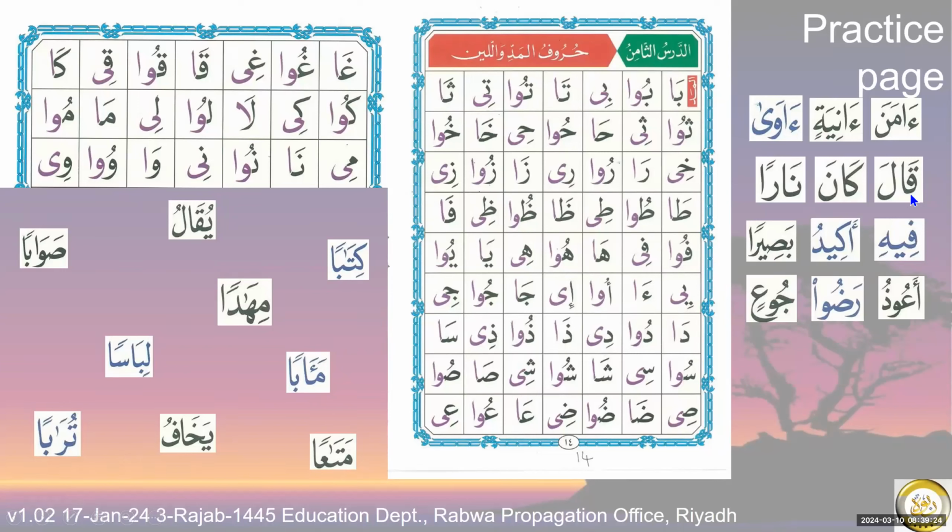Similarly, Qala: the letter is not Hamza, so this one is a Madal Asli or Madal Tabeeyee. Kana, this is a Madal Asli or Madal Tabeeyee or Alif Mad. Naran, this one is an Alif Mad or Madal Asli or Madal Tabeeyee, because the letter is not Hamza here; it is a Qaf, a Kaf, a Noon.